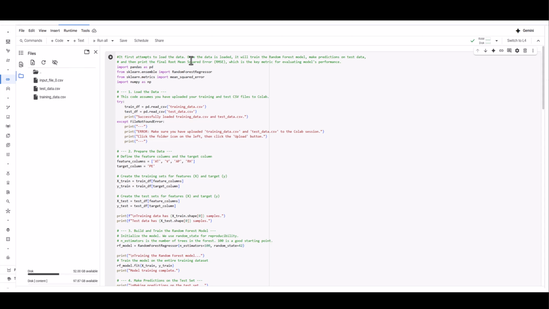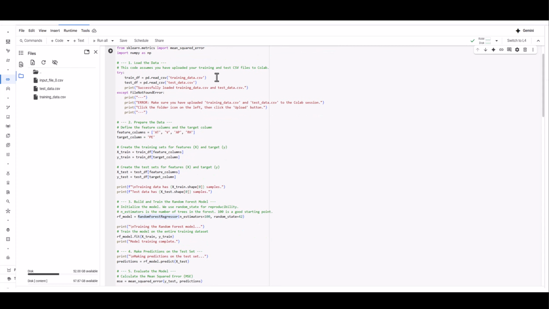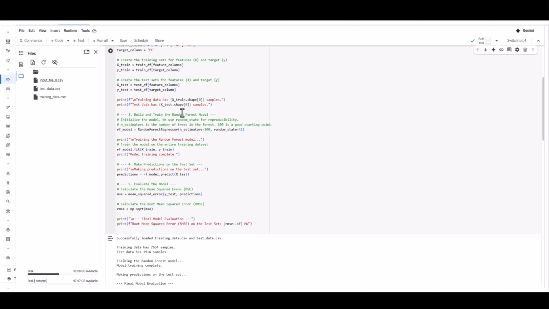For the other model, the random forest, I wrote the Colab notebook using pandas and scikit-learn, and using the random forest from scikit-learn. So I have loaded the training data and test data. I split it into two separate files, which I provided to the Colab notebook, and I built the model to use the training data.